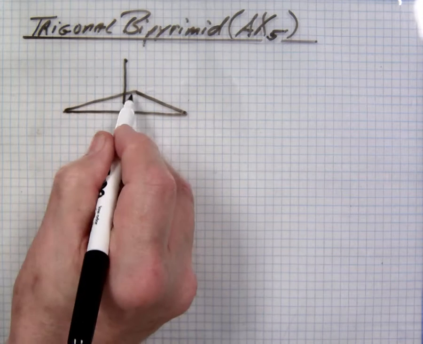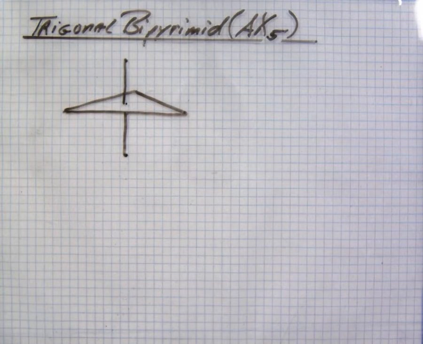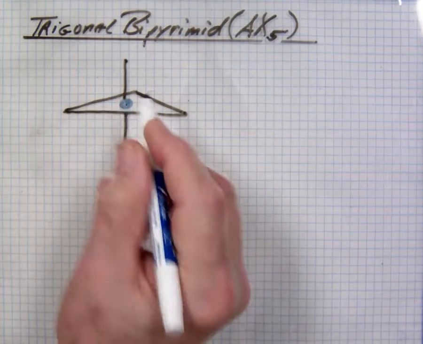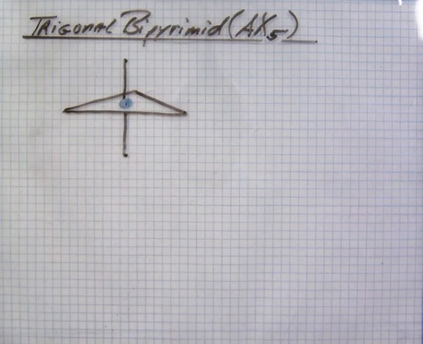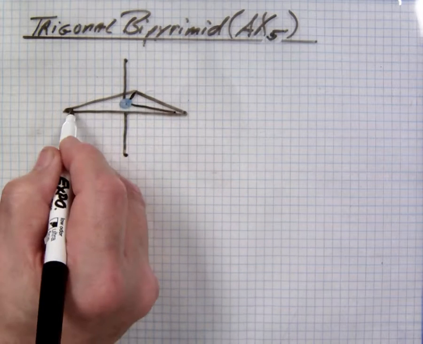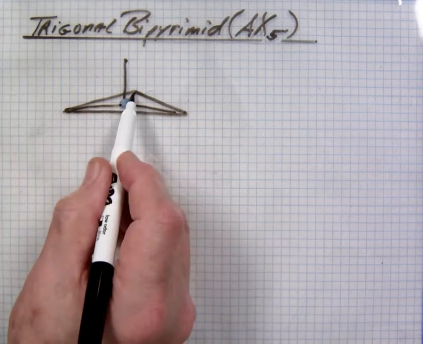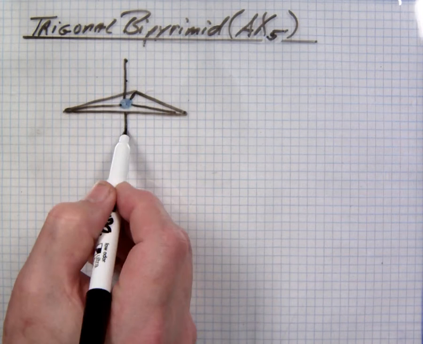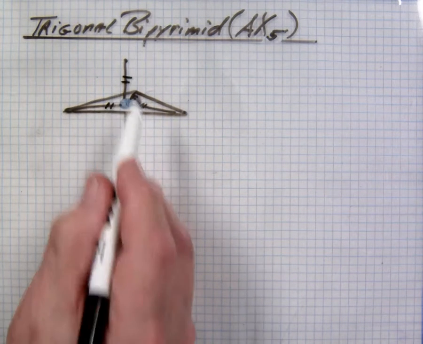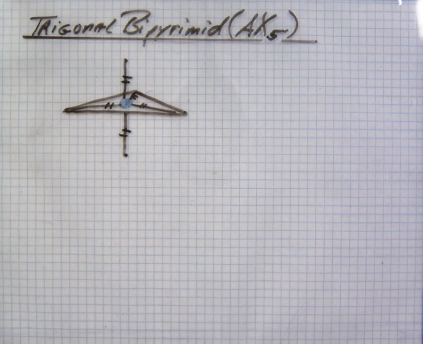This is your central element right here. Change colors for the benefit of the interest. So we've got a central element right there, and then you will have bonds go into the central element right here. So here, here, and here, here, and here are either bonded pair, electron pairs, non-bonded pairs, or whatever.